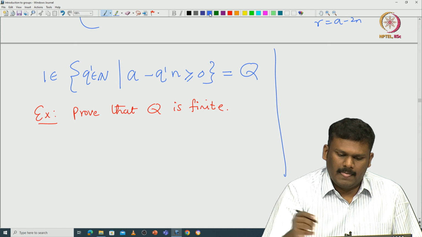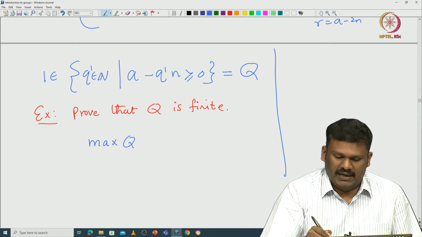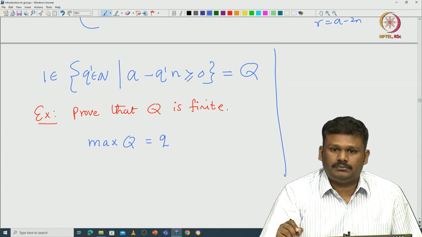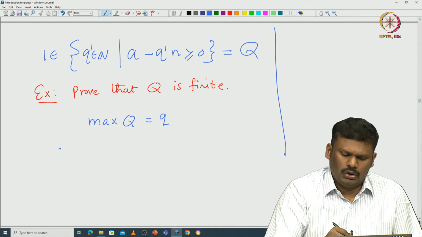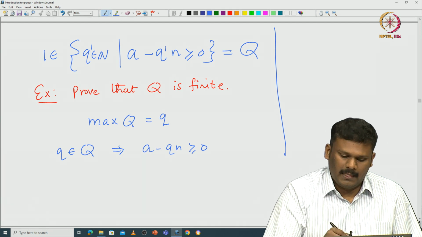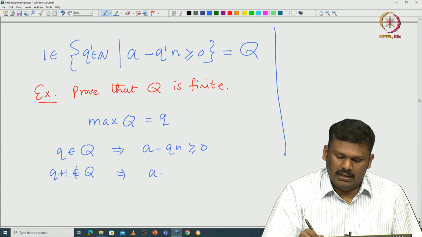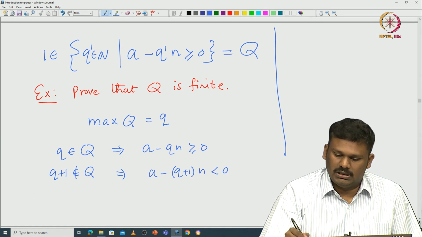Now once it is finite, I can talk about the max. The max of Q, I can call it q. What is the property of q? q is in capital Q, so A minus q n is greater than or equal to 0, and q plus 1 is not in Q, because q is the max. So that implies A minus (q plus 1) n is strictly less than 0, so A minus q n is less than n.